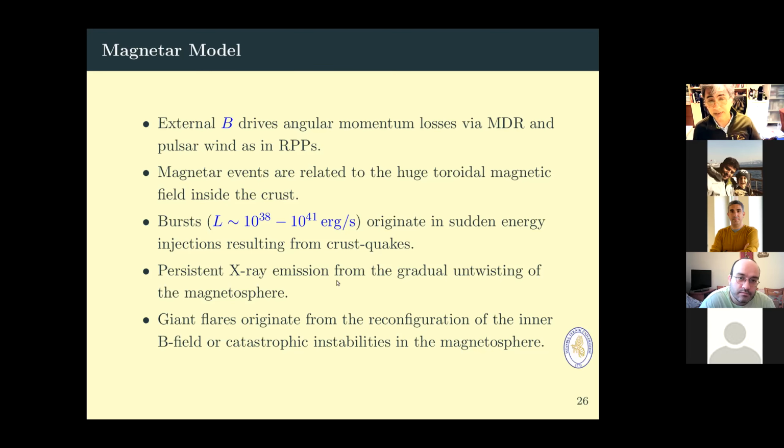And a persistent X-ray emission of 10^35 to 10^36 ergs per second would be released by the gradual untwisting of the magnetosphere. And the giant flares would originate from the reconfiguration of the inner magnetic field or magnetosphere instabilities.